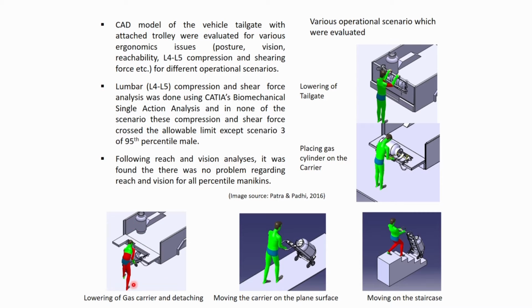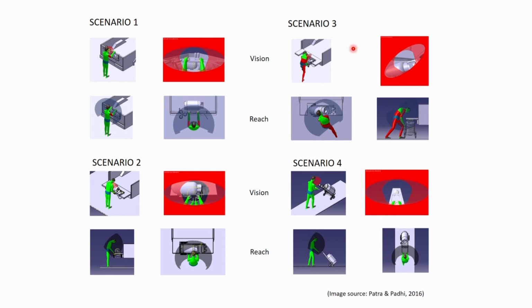Only in this case did the spinal compression and shearing force go beyond the maximum permissible limit. In other cases it was within the permissible limit. Following reach and vision analysis, it was found that there was no problem regarding reach and vision for the various percentile mannequins. So here are the scenarios.